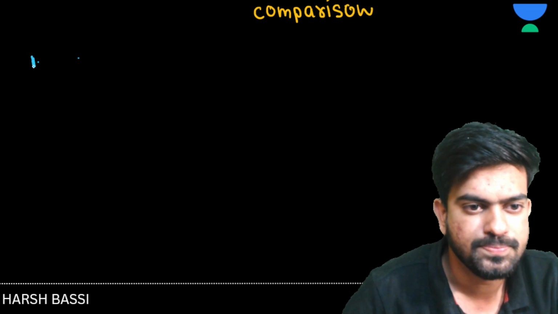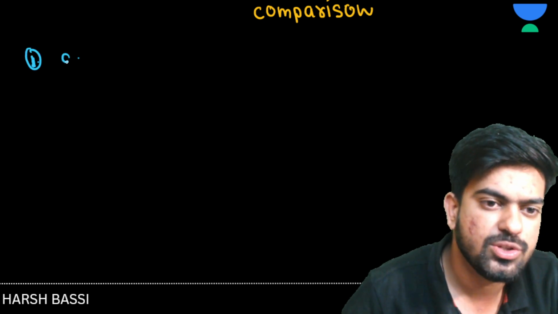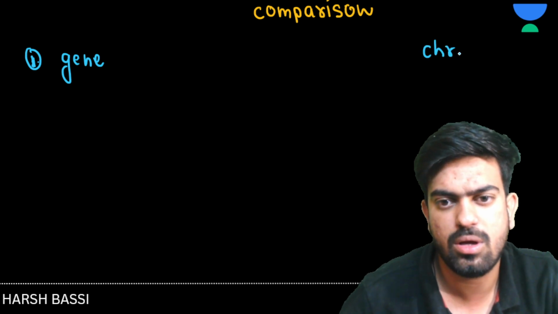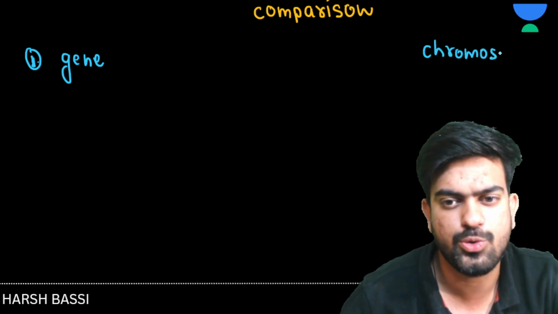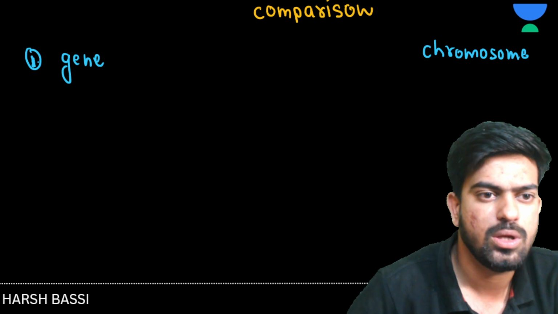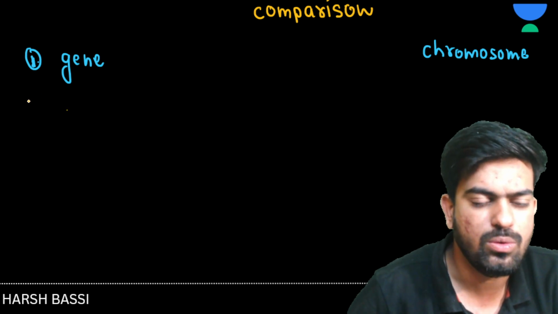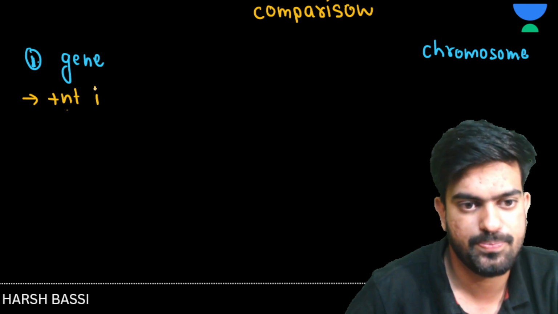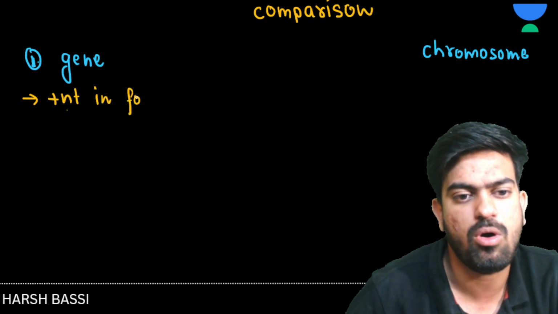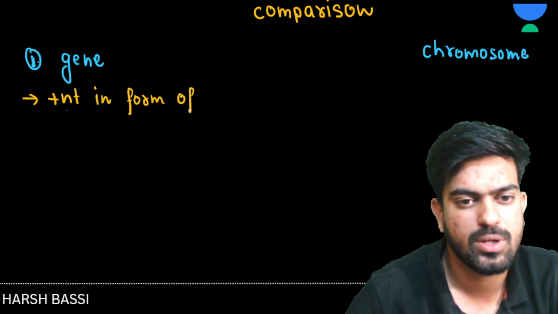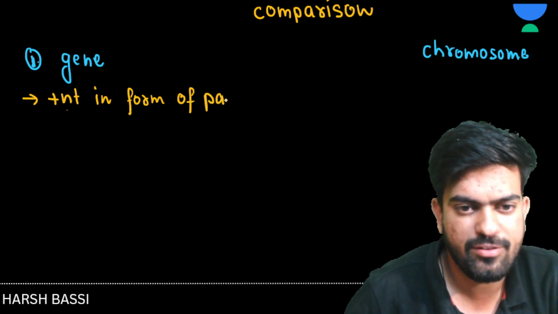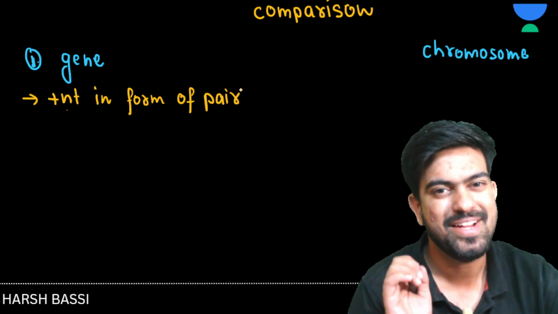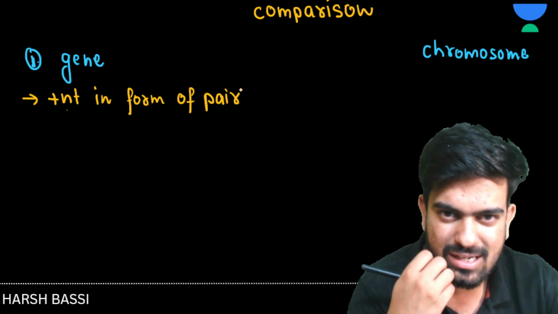So let's write gene here, and in the second column let's have the chromosome. Now we know that genes are present in the form of pairs. You know the drill, right? If you have doubts, the comment section is your place where you can comment your doubts.